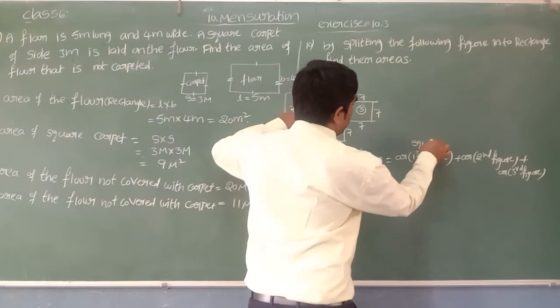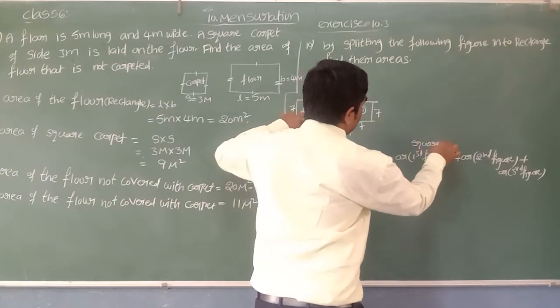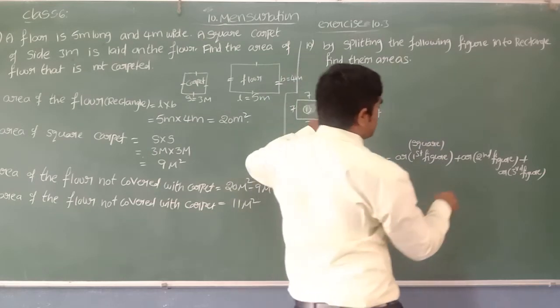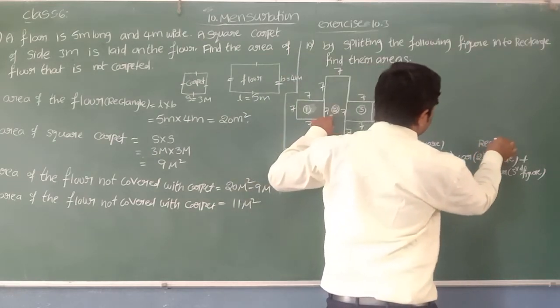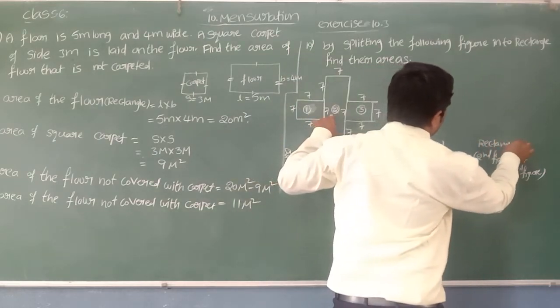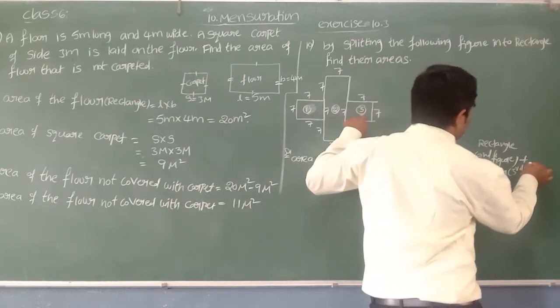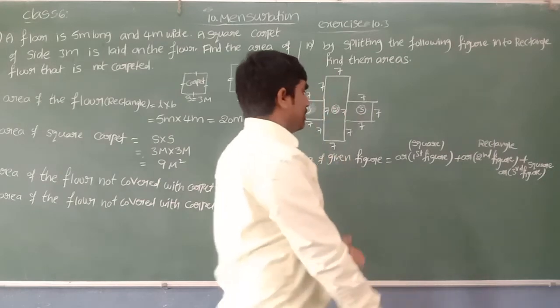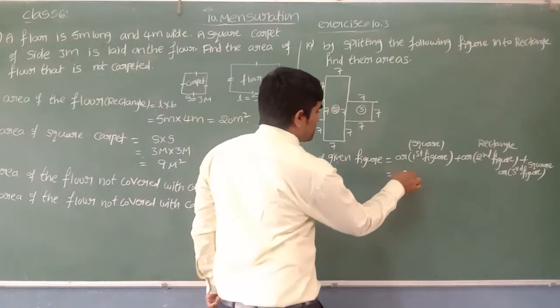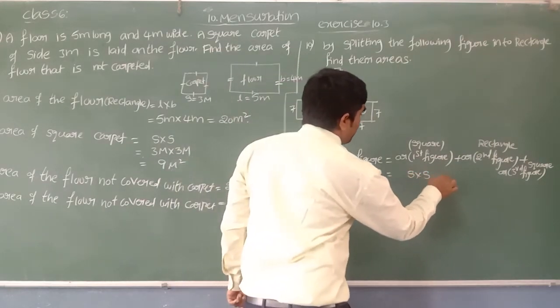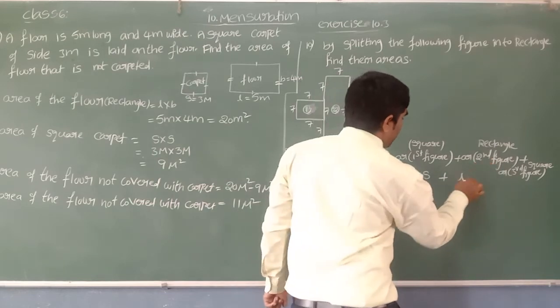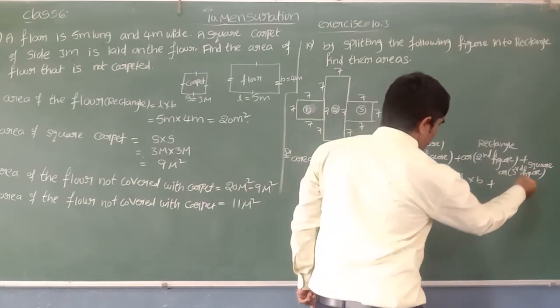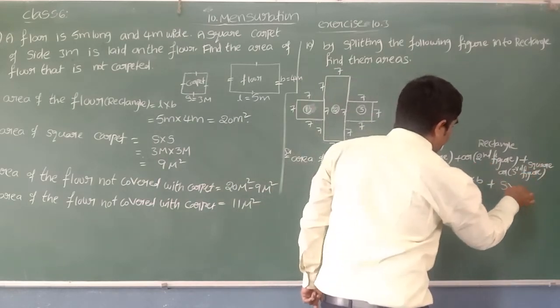You can write square. Second figure is a rectangle, and third figure is a square. Now we can write the formula: area of square, side into side, plus area of rectangle, length into breadth, plus area of square, side into side.